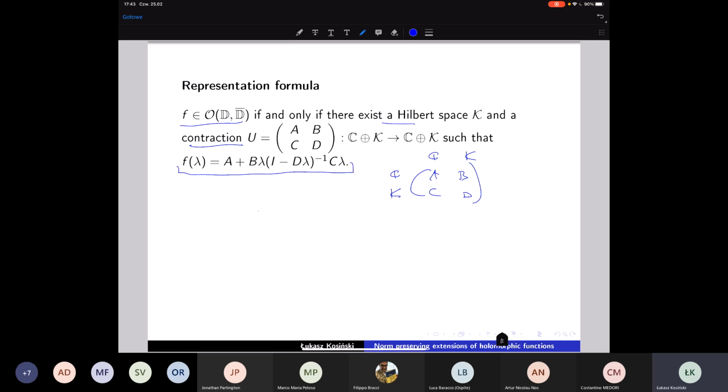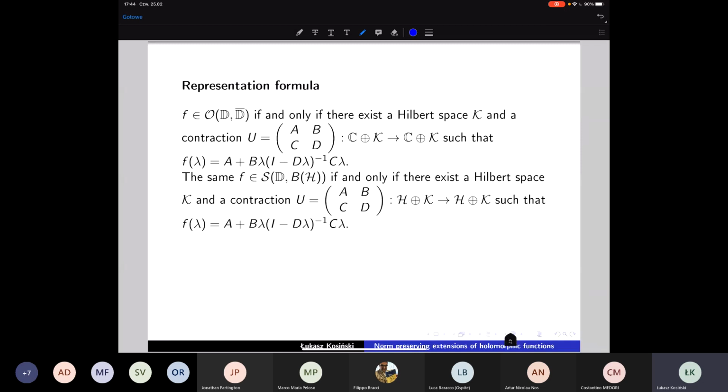And usually here the dimension of K is equal to infinity. The dimension is finite if and only if phi is a Blaschke map. So if we want to use it, we need to pass to an infinite dimensional Hilbert space. And the advantage of this is that the same works for functions with values in the ball B of H, with the only difference that A here acts on a Hilbert space H, the same as here.